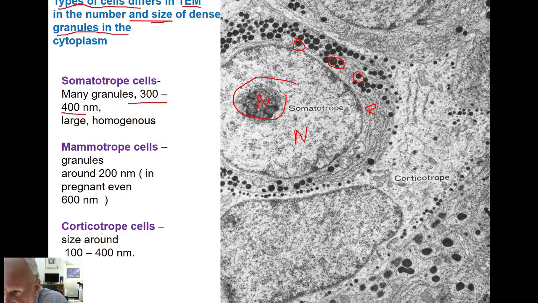Yes, and now the corticotrope, you see 100 to 400. So, these are the granules in the corticotropics. I would say smaller, and not so many. And this in the corner is a small part of the cytoplasm of the mammotropic cells and the granules. You see in this cytoplasm very nicely here.